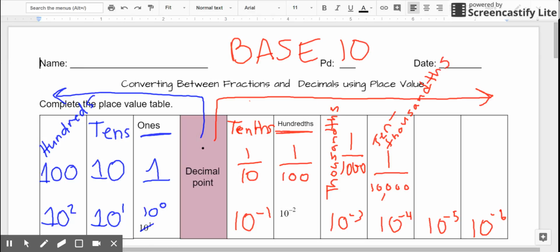The next column, we've got 1/1 followed by 5 zeros. 1, 2, 3, 4, 5. Which makes this the 100,000ths column, because each one of those numbers in this column represents 100,000th.